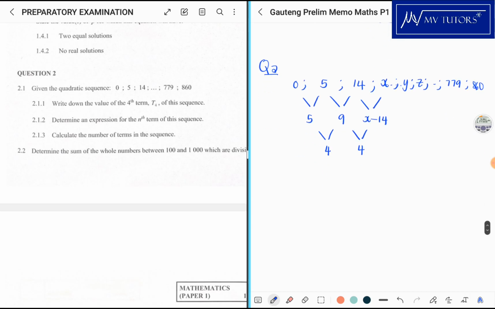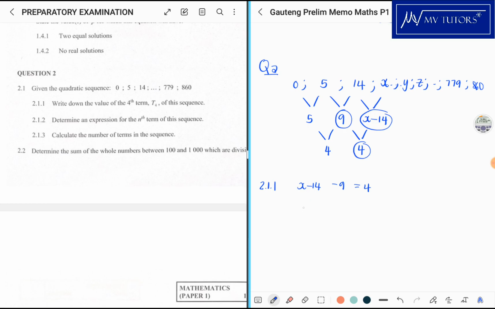Okay, so let's get to question 2.1.1. Write down the value of the 4th term of the sequence. If I want to know the 4th term, I've named my 4th term x. So I'm just going to say x minus 14 minus 9 has to be equal to 4. I take term number 3, subtract term number 2, and that's equal to the common difference.